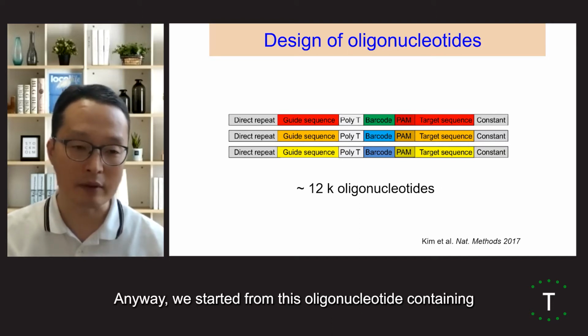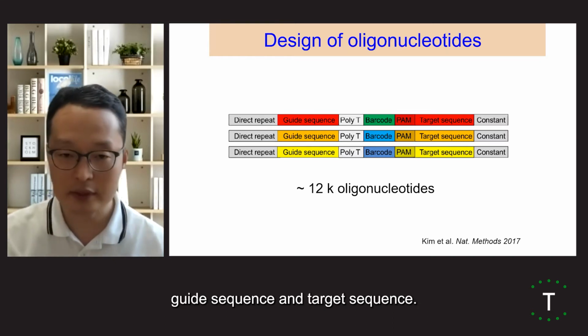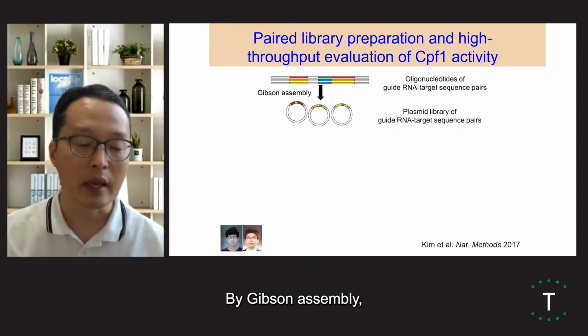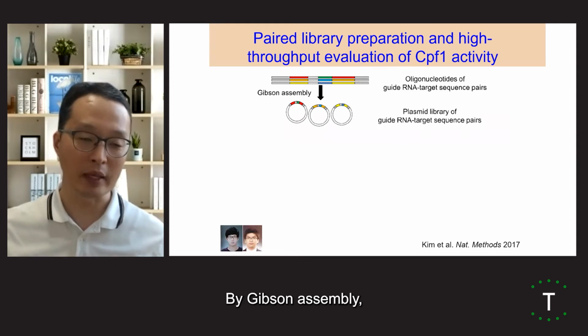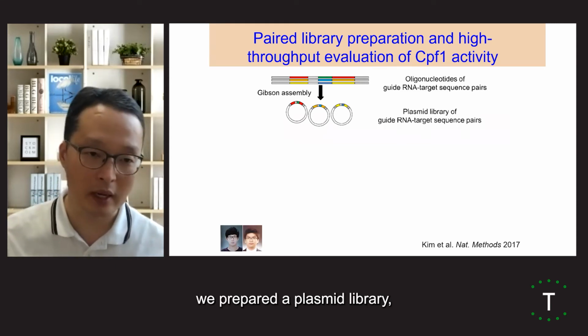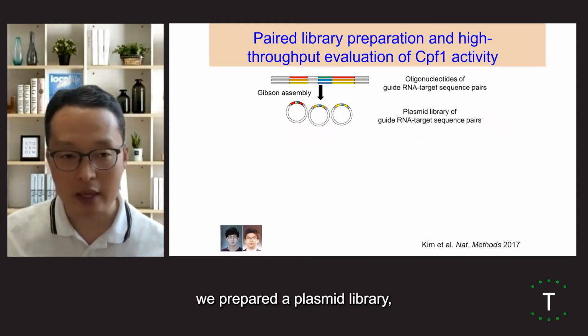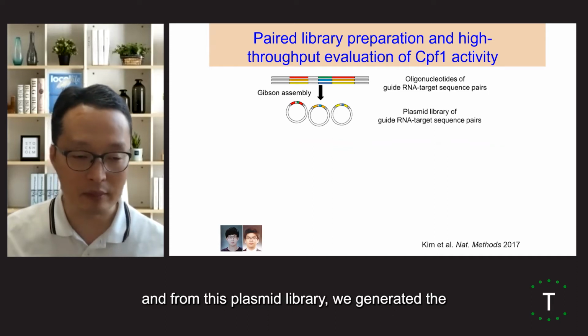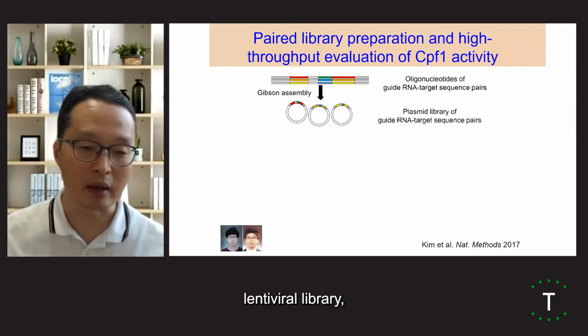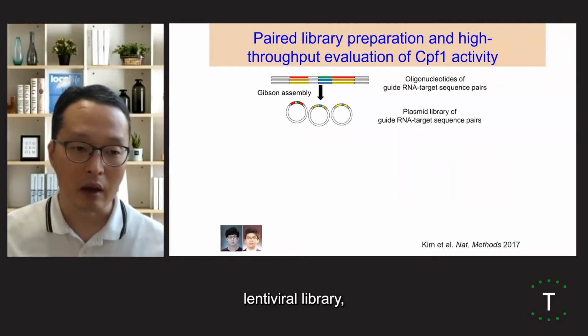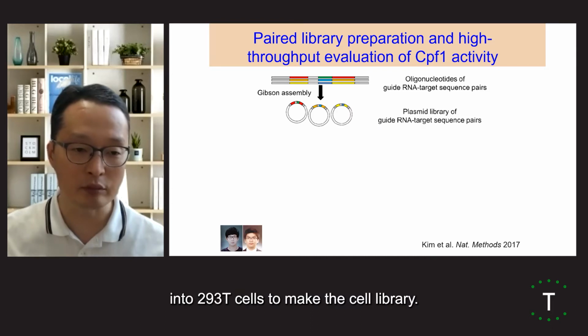Anyway, we start from this oligonucleotide containing guide sequence and target sequence. And by Gibson assembly, we prepared a plasmid library. And from this plasmid library, we generated the lentiviral library, which was transferred to HEK293T cells to make the cell library.